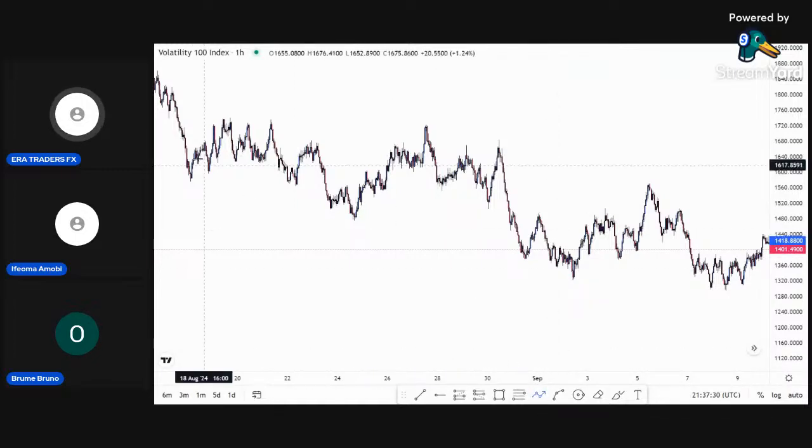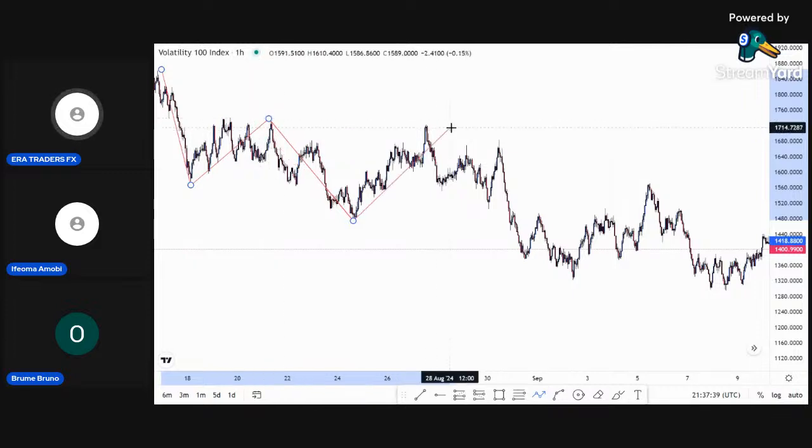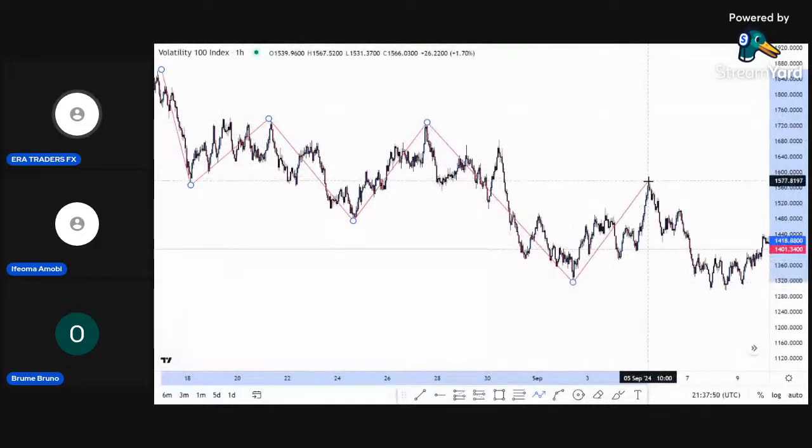Downtrend, good. You see price moves from here, came down, came here, came down. If you look, price did not take out that last high. It formed a lower high, a high that is lower than this high. Came down again, formed a low, came back here, formed another high that is lower than this high. That's a lower high. This is a lower low.